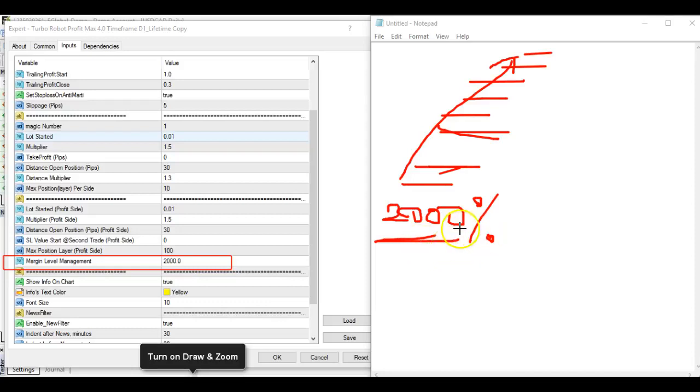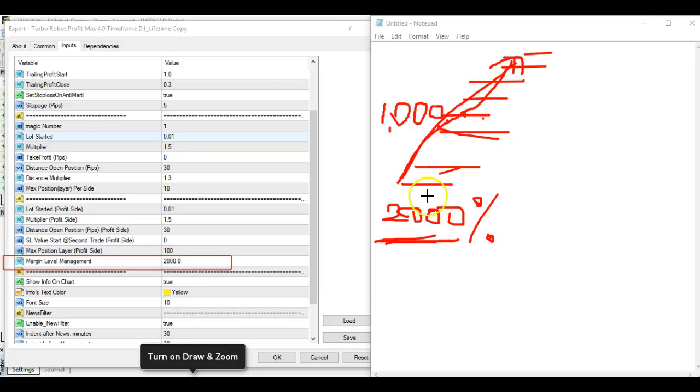So if let's say 2000%, the total open trades that you have here, all layers, versus your lot size. Normally when you start the market, it will sometimes be 100,000% or 1,000,000%. You can see that in your margin level.